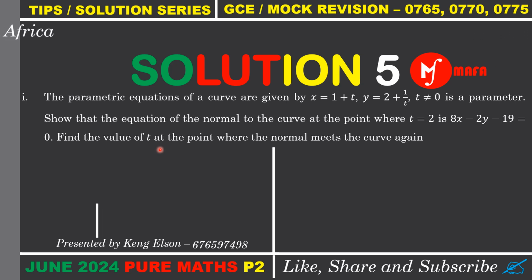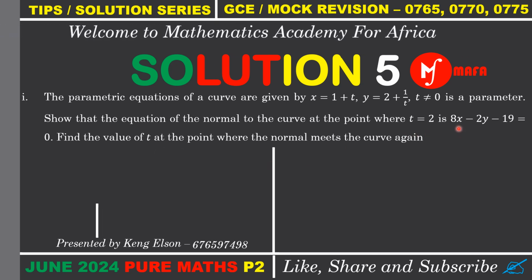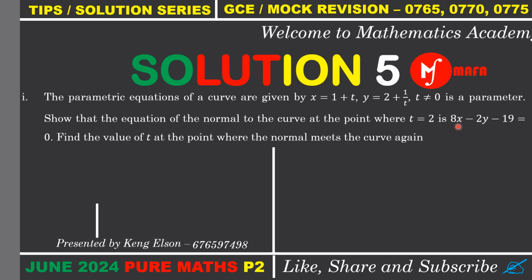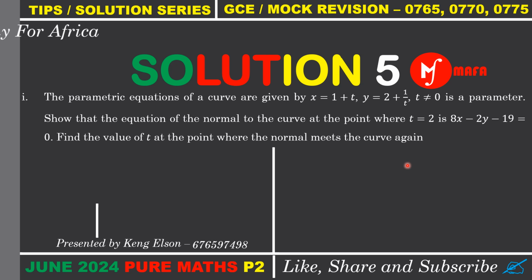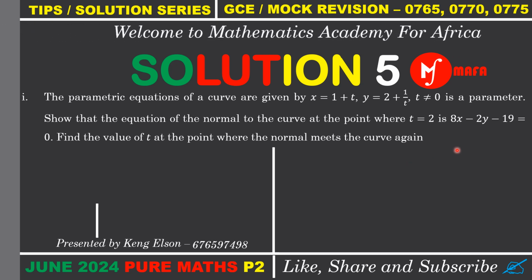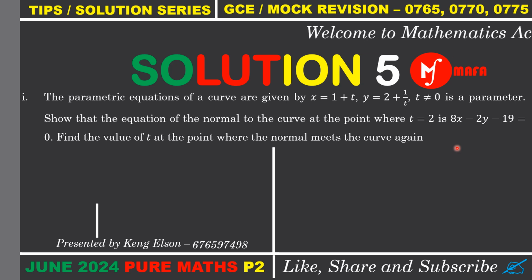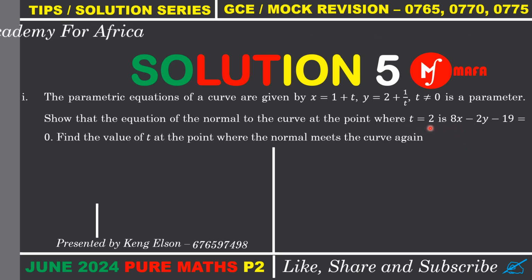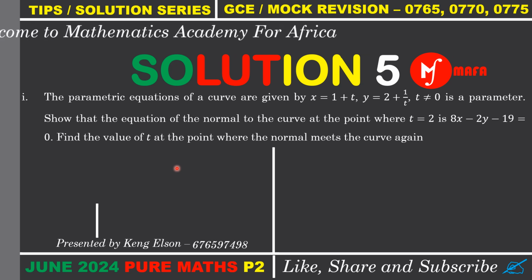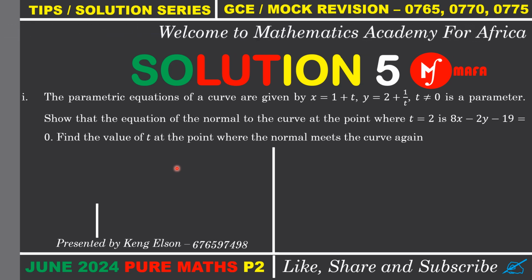So we are going to begin with the first part, which is asking us to get the equation of the normal, in fact, to justify that this is the equation of the normal. Basically, we find the equation of the normal, and if it gives us this, we conclude that we have proven that that is the equation of the normal at the point when t is equal to 2. Alright, so a normal is a line, so it has a gradient.